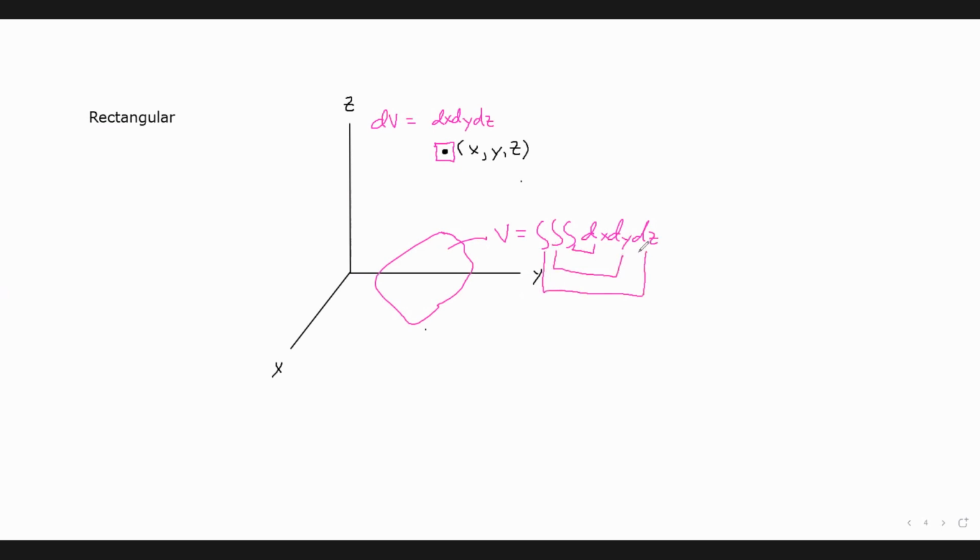So you usually evaluate these multiple integrals from inside to outside, and you evaluate them in the same manner as you would a single integral in terms of determining the antiderivative. Now you may have, in this example, you don't have a function in here. All you have is a volume over which you're integrating. But if you had a function in here, then when you integrate with respect to x, y and z are held constant. When you integrate with respect to y, x and z are held constant. And when you integrate with respect to z, x and y are held constant. I think I said that right.